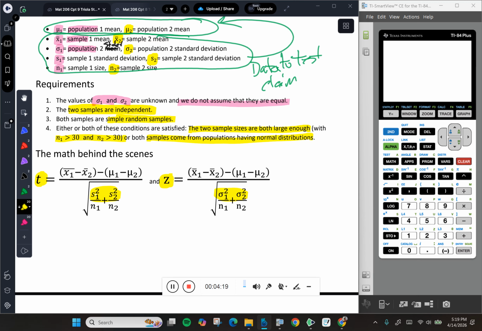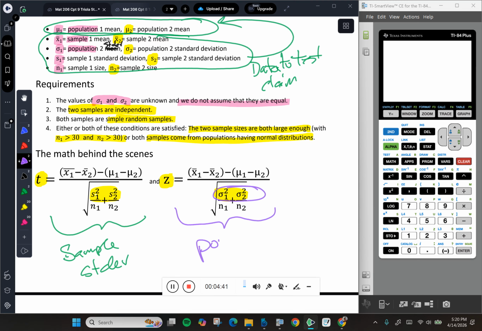Okay, so again, over here on the left, this is if we have sample standard deviations, the realistic, the honest scenario. Over here on the right, this is the weird, the odd, the non-standard case where we somehow know population standard deviations, but we don't know population means, which honestly rarely ever makes any sense.